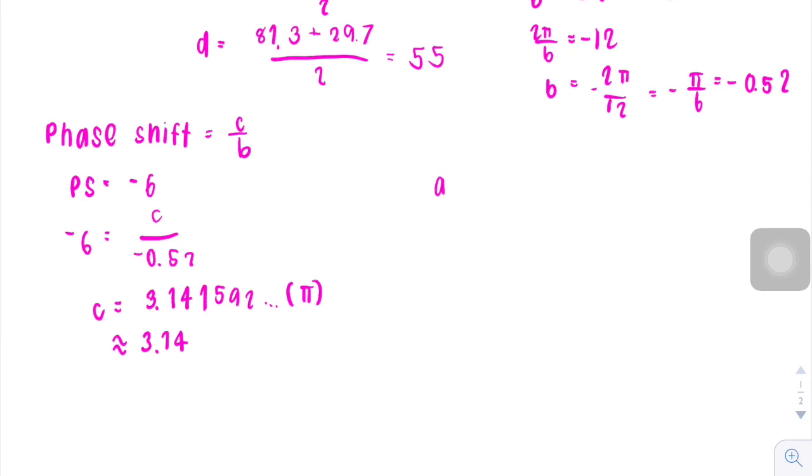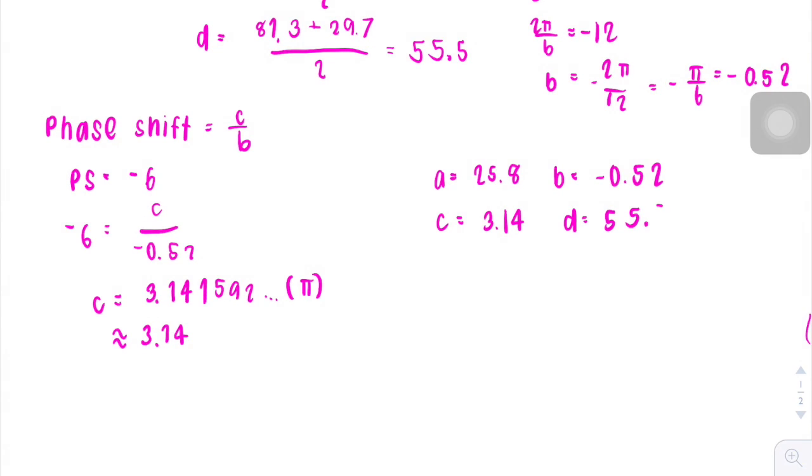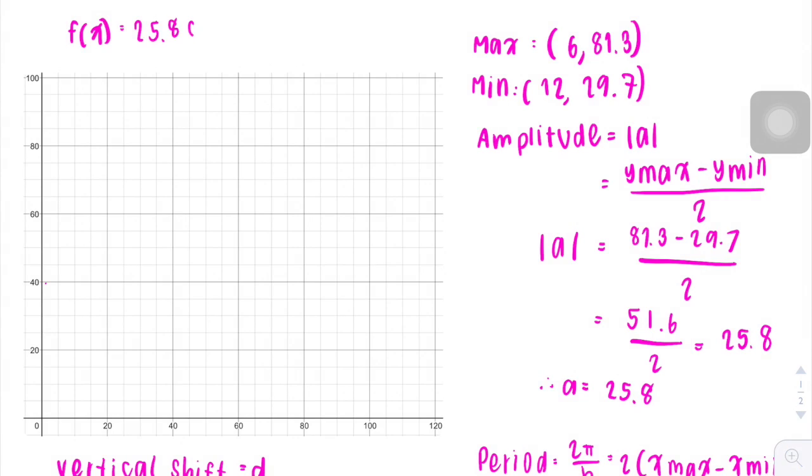As a summary of the calculation, a is equal to 25.8, b is negative 0.52, c is 3.14, and d is 55.5. Finally, we can just plug all the values into the formula.